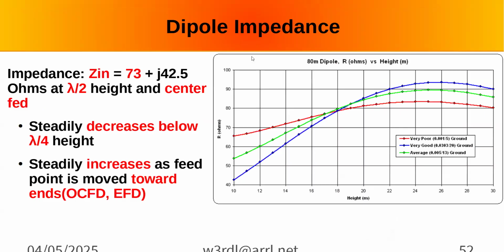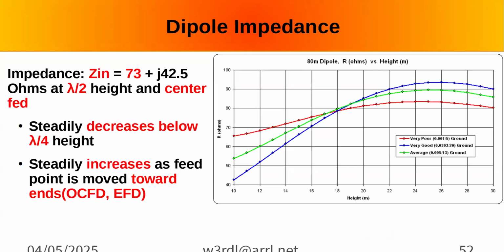Okay, dipole impedance, like I said, is approximately 72 ohms. This says it's actually 73 plus j42.5 because there's some reactance, which means wherever they measured that, it's obviously not at resonance.